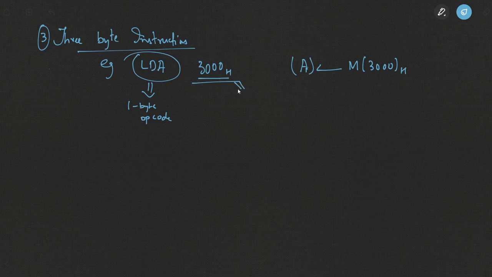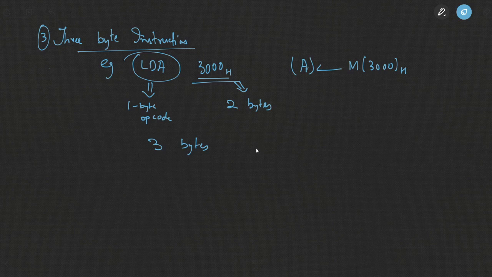That means this will take up 16 bits of space in the memory location, which is equal to 2 bytes. So in total it will take up 3 bytes of space in the memory location. The opcode will always be written in the memory location, and the data will be stored in the memory location.